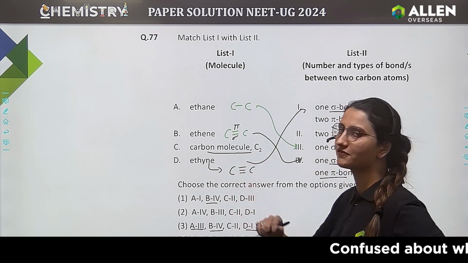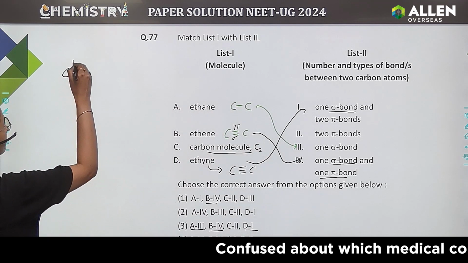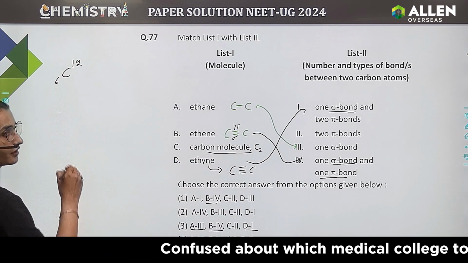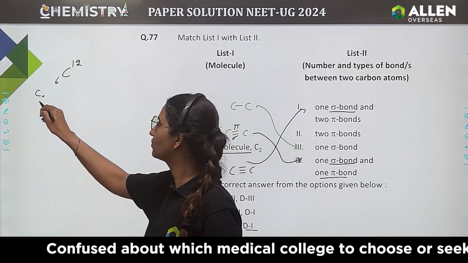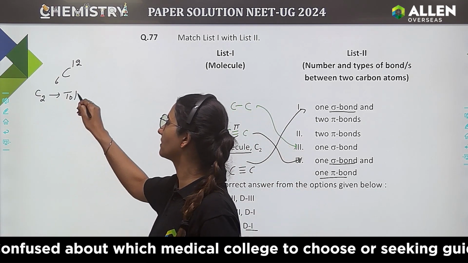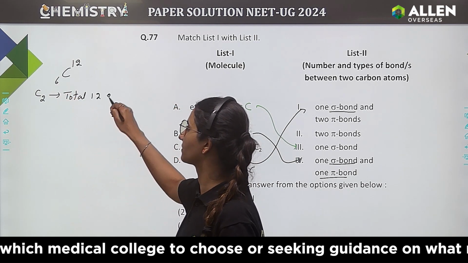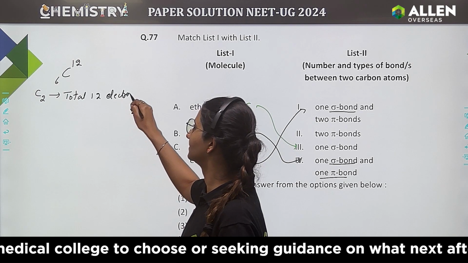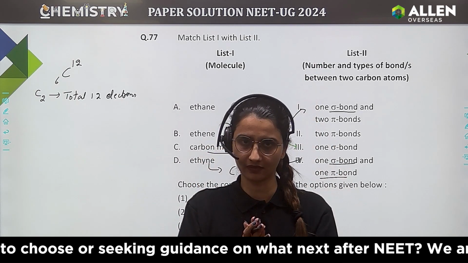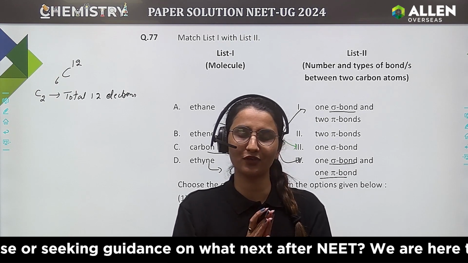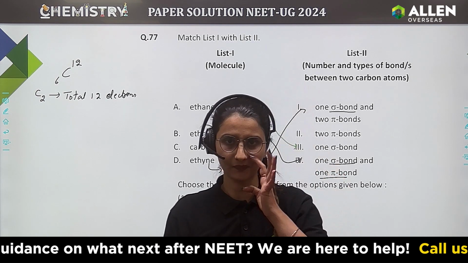Let's now talk of C2. Students, C has atomic mass 12, atomic number 6. So if I talk of C2, it will have 6 from each carbon, a total of 12 electrons. We have to draw the MO diagram. According to the MO diagram, we fill electrons in energy order from lower to high.